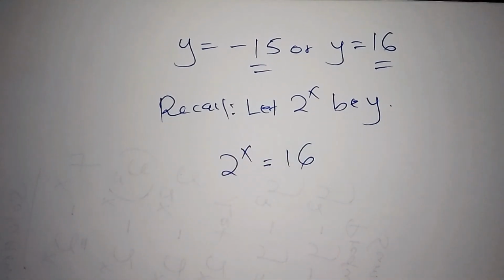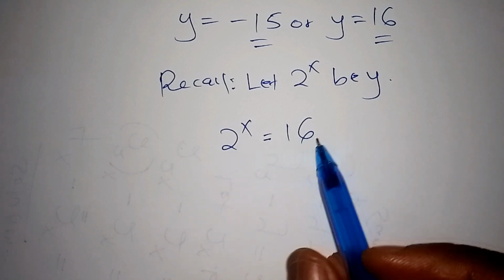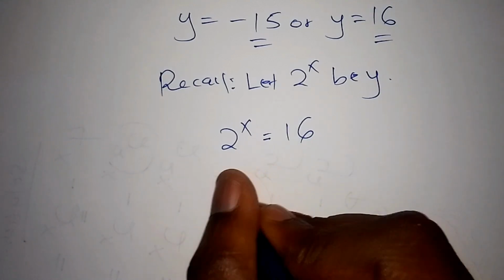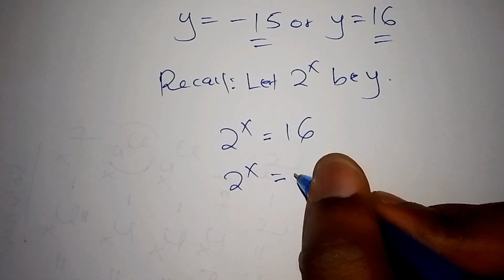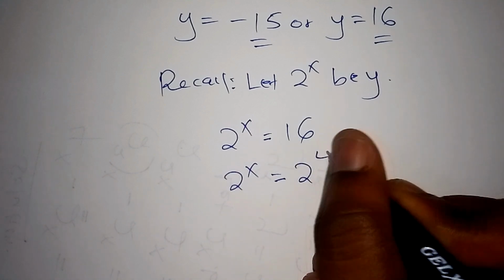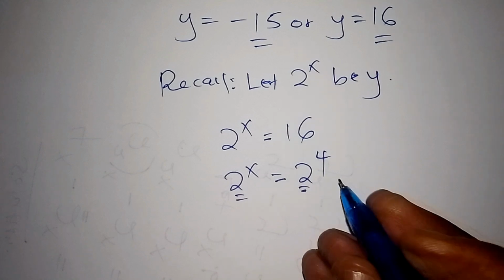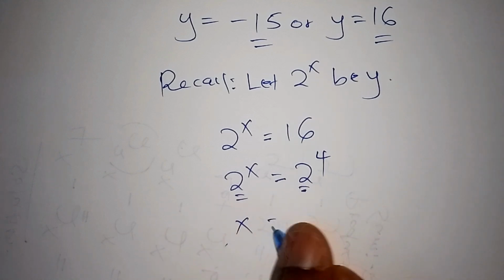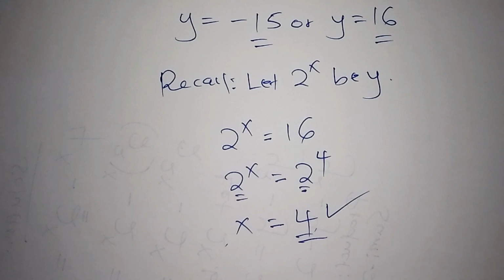So in this case what is left for us is to express 16 to the base of 2. Now we shall have 2 to the power of x is equal to 2 to the power of 4. So the bases are common. So here what is left is x is equal to 4, and that now becomes our final answer.